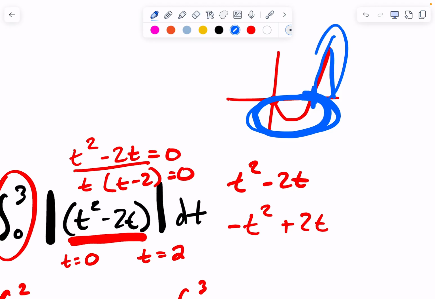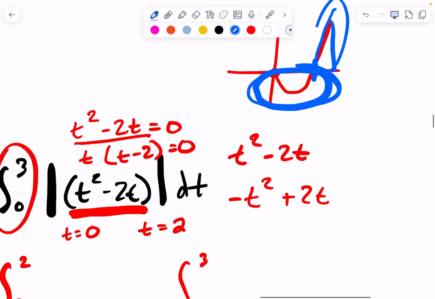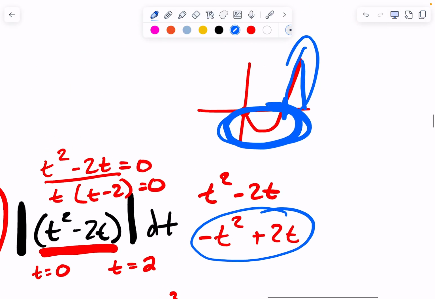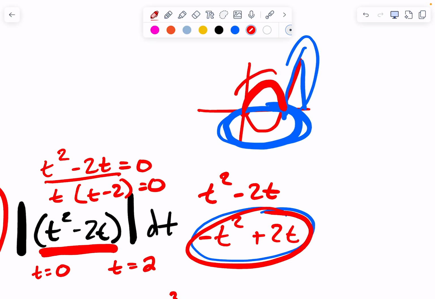He's negative below here, right? Like from 0 to 2, he's negative. So I think I want to do this guy, so that what this guy's going to do is it's going to flip him up here. So it changes that area and it makes it a positive area instead of a negative area. Does that make sense? Yeah, from 0 to 2.